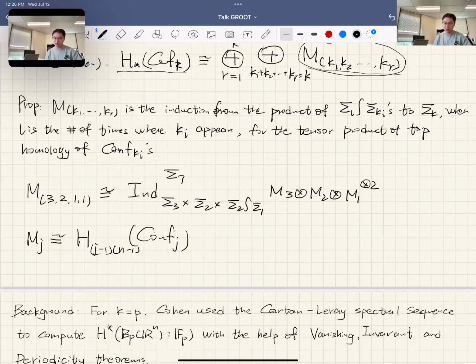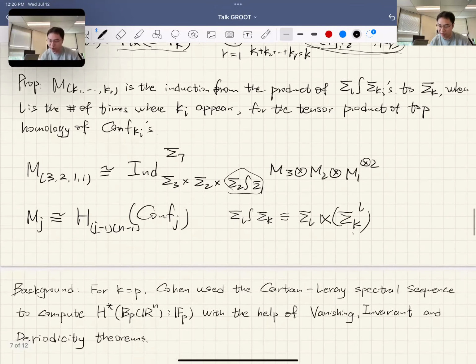Okay. So people may ask, what is this wreath product? So by definition, if I have sigma l wreath sigma k, this is just sigma l semidirect product with sigma k, l times.